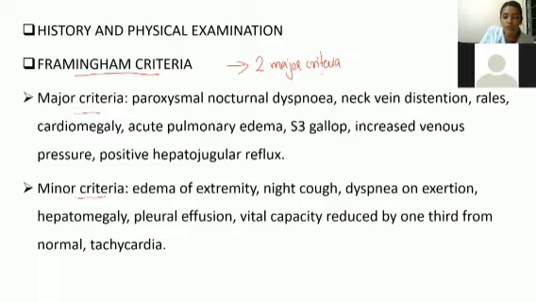If you are getting two major criteria, we can say that the patient is in heart failure condition, or we have to get one major criterion and two minor criteria. Either two major criteria should be there for diagnosis of heart failure, or one major criterion and two minor criteria should be present for heart failure. So this is one of the important points.